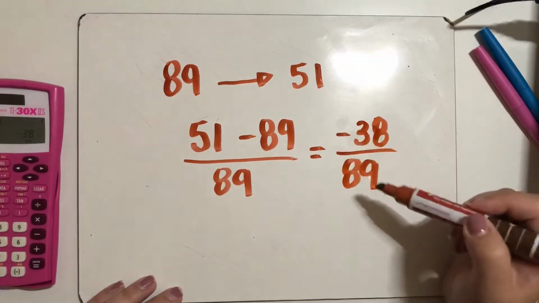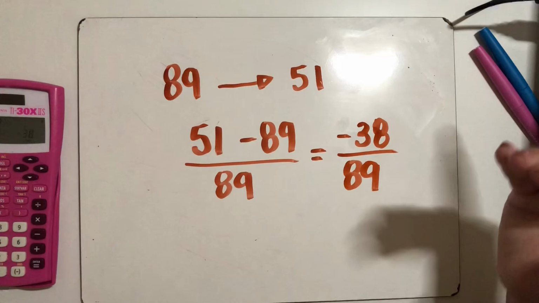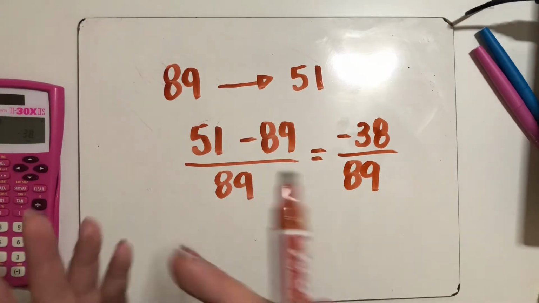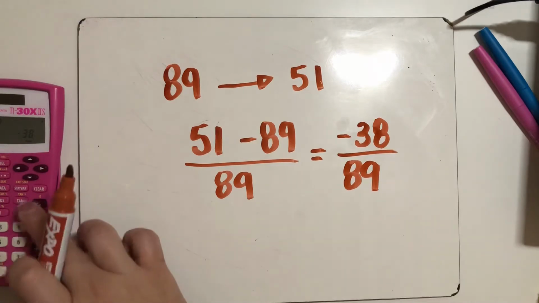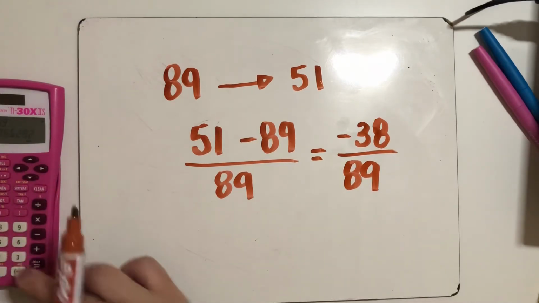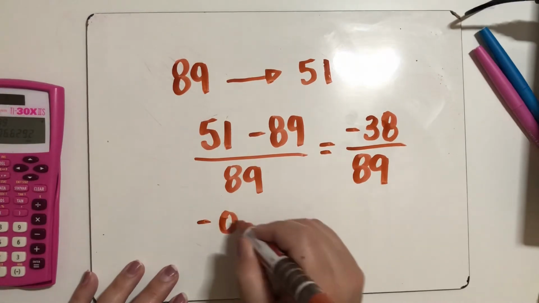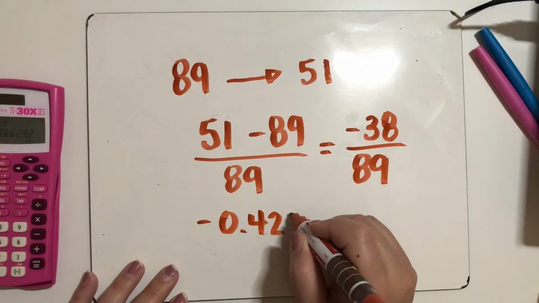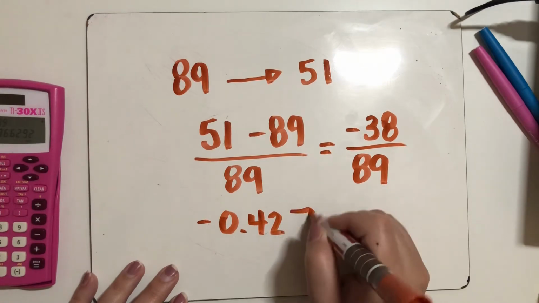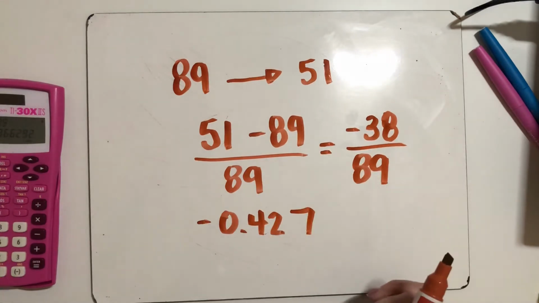This negative here helps me really see I am dealing with a percent decrease, because that means I'm going from a higher number to a lower number. So I'm decreasing the amount. So I'm going to take that 38 and divide it by 89. That's going to give me a negative 0.427, because it's 0.4269, so I'm going to round it to the 7.